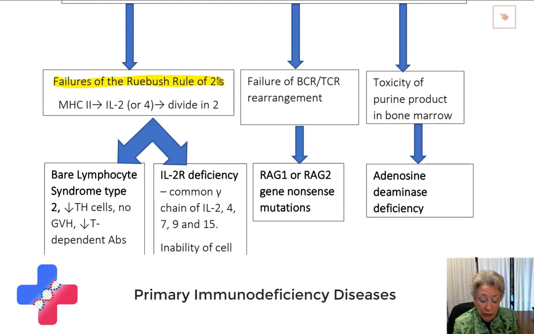But the Roubush rule of twos basically says that stimulation of my system at the MHC class 2 level causes the generation of interleukin 2 on the cell-mediated side, or interleukin 4 on the humoral side, and the production of either of those cytokines, 2 or 2 times 2, causes any cell that's capable of doing this to divide in two.